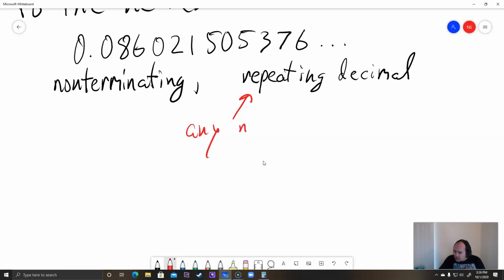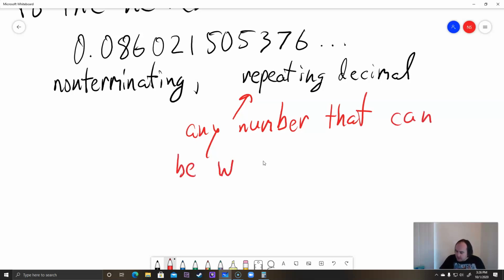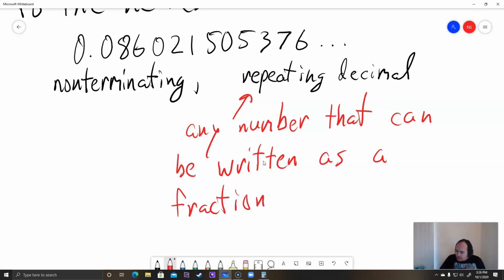Any number that can be written as a fraction is a repeating decimal.